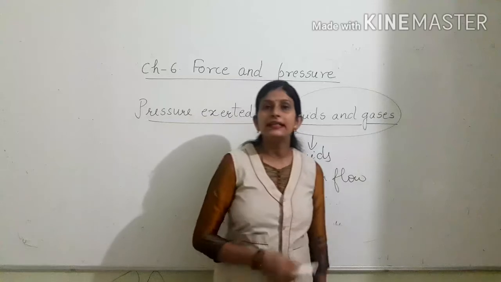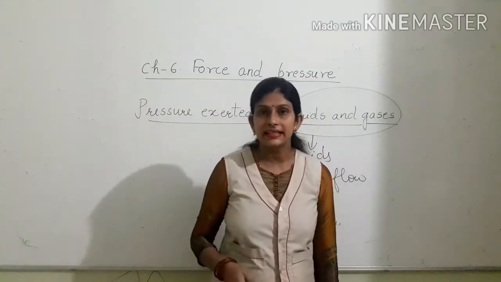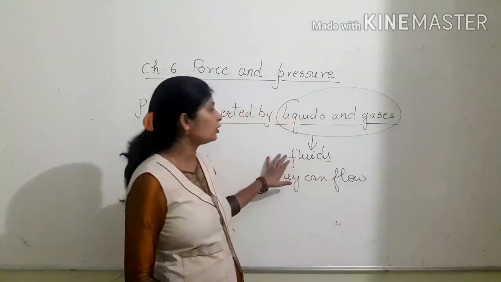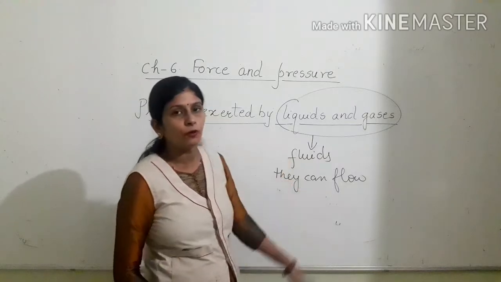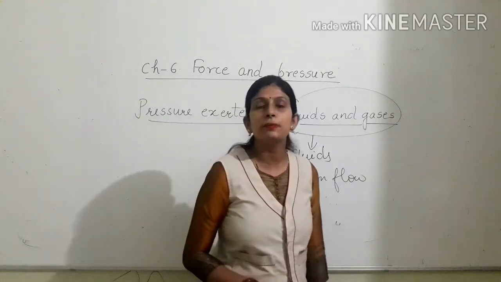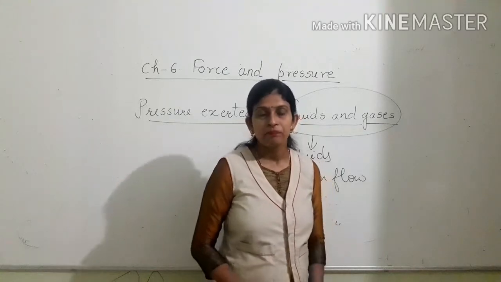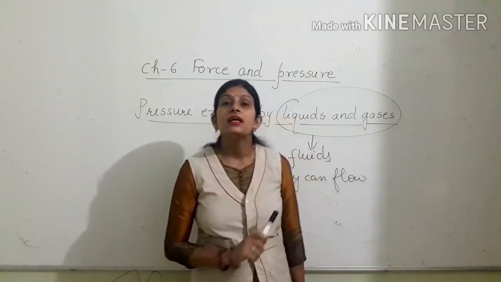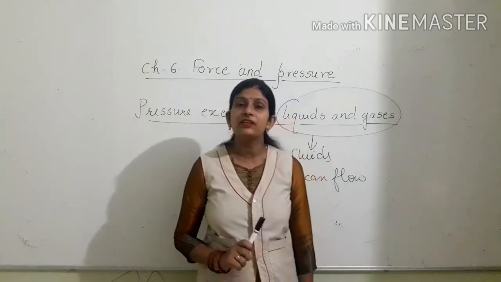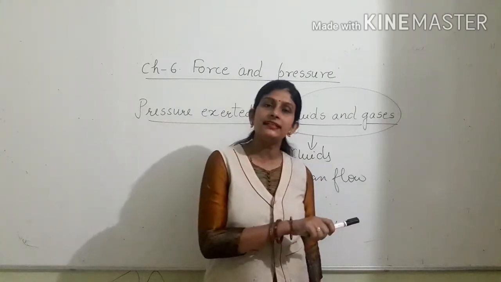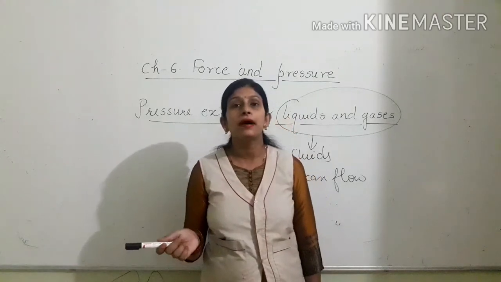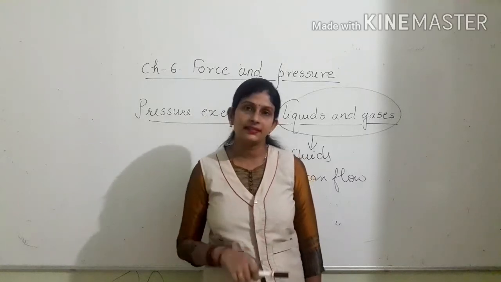So like solids, liquids and gases, which are collectively known as fluids because they can flow, also exert pressure on other objects on their surfaces. But there is a dissimilarity between the pressure exerted by solids and the pressure exerted by liquids and gases.